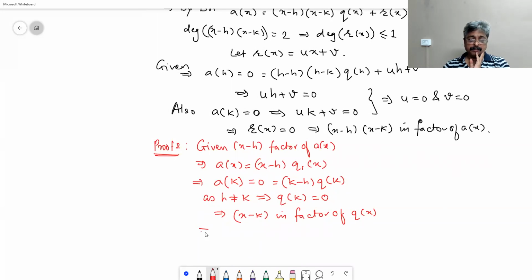Therefore, this implies a(x) is equal to (x minus h)(x minus k) into q2(x). True.